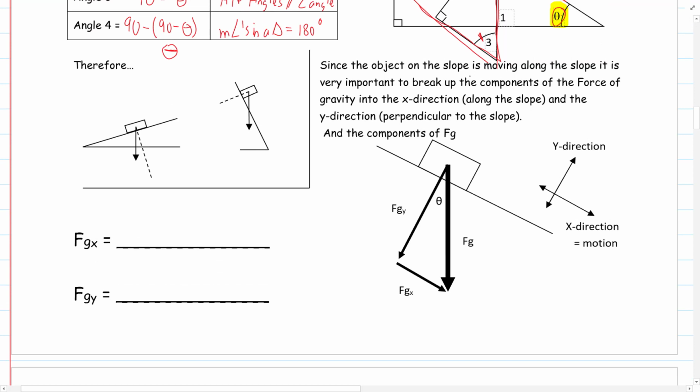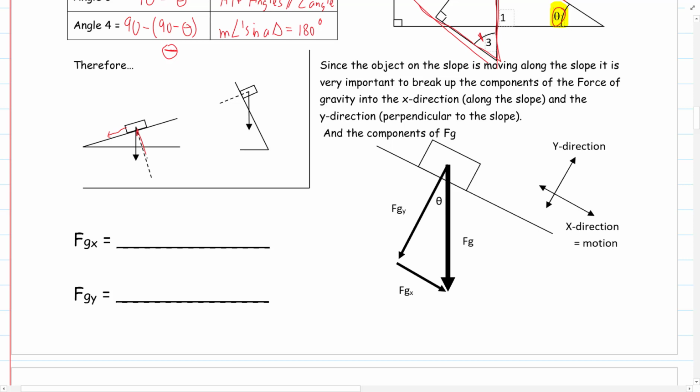Since the object on the slope is moving along, it's very important to break up the components of that force in the x direction along the slope and the y direction perpendicular to the slope. So this is the force down, but it's going to move this way.